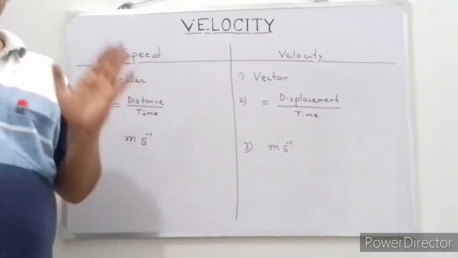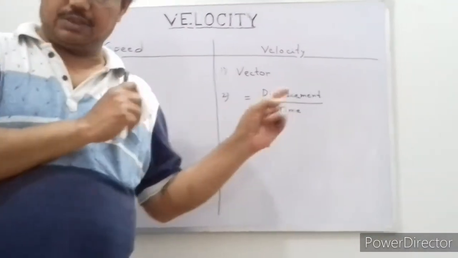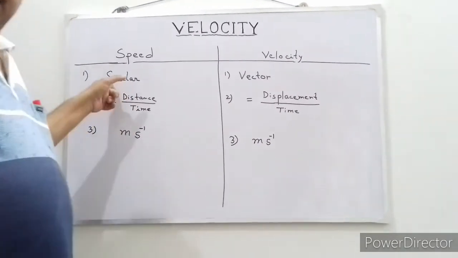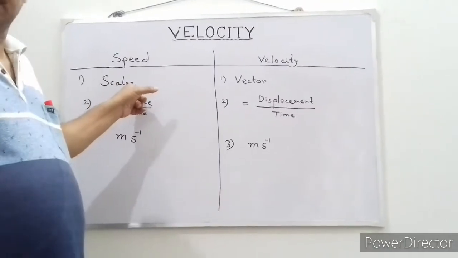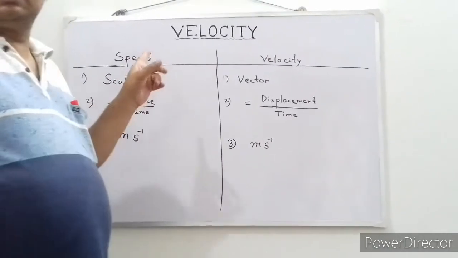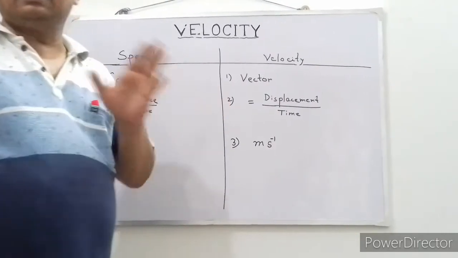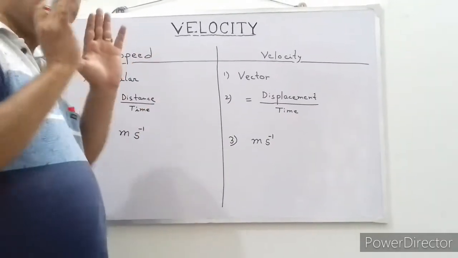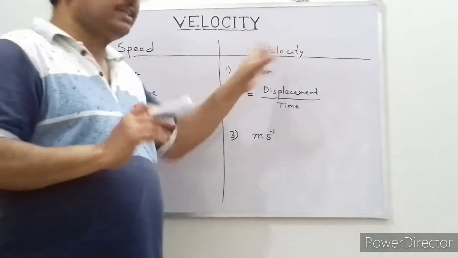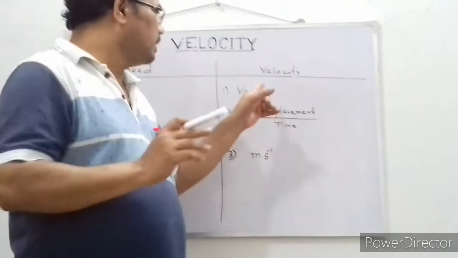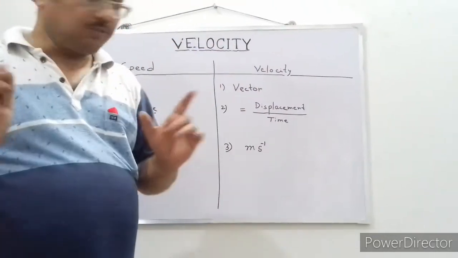Now, the difference between speed and velocity. Speed is a scalar quantity because only magnitude is required, it is not direction related. But in case of velocity, both magnitude and direction are required, so velocity is a vector quantity.